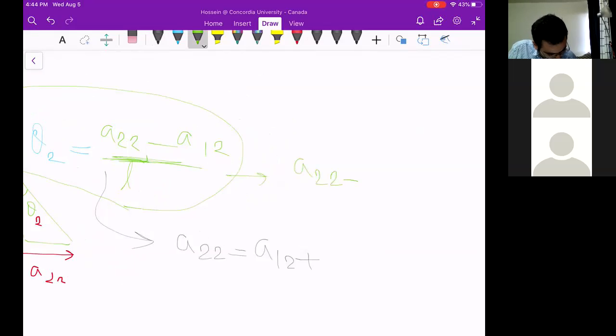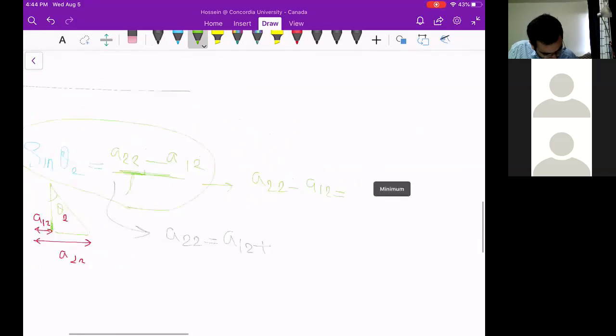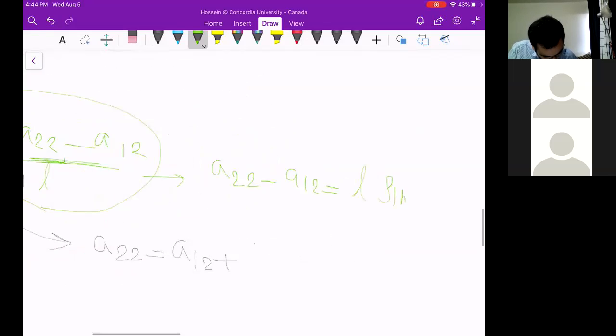A22 minus A12 is L sine of theta 2, therefore A22 is A12 plus L sine of theta 2.